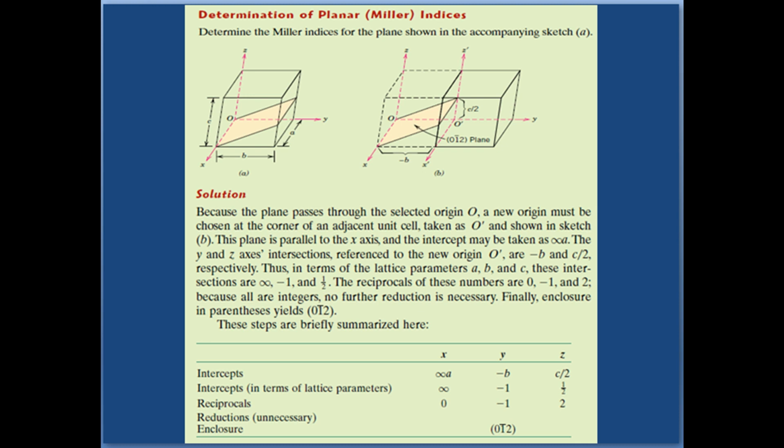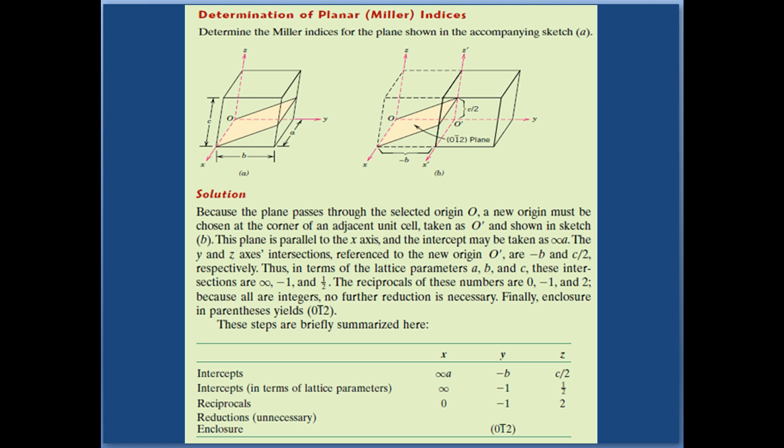Then the third step is, the reciprocals of these numbers are taken. A plane that parallels an axis may be considered to have an infinite intercept and therefore a zero index. It is our third step. Then the fourth step is, if necessary, these three numbers are changed to the set of smallest integers by multiplication or division by a common factor.